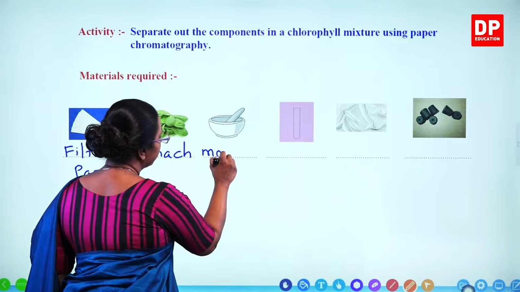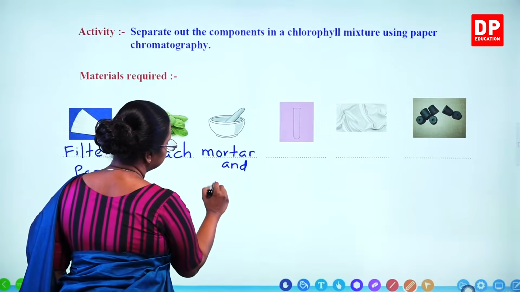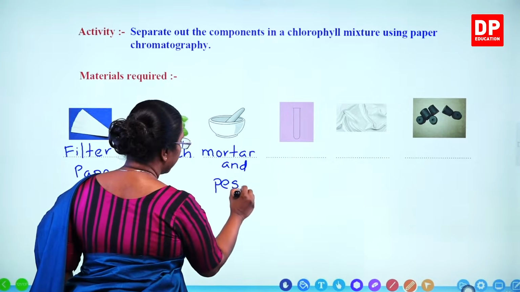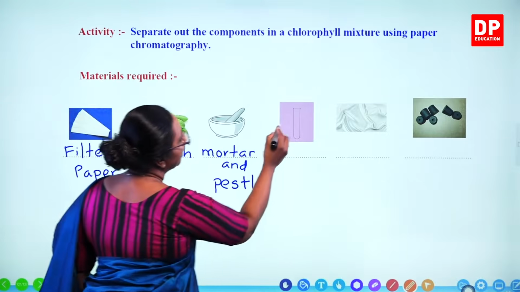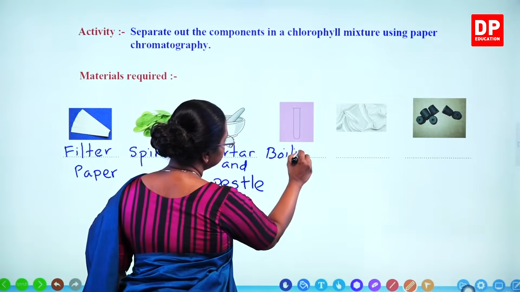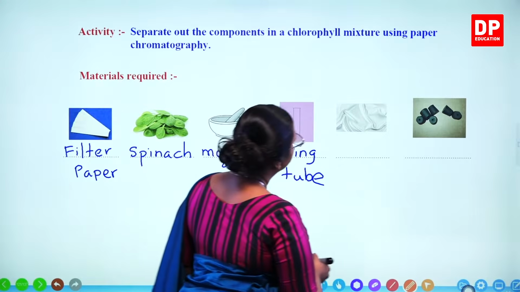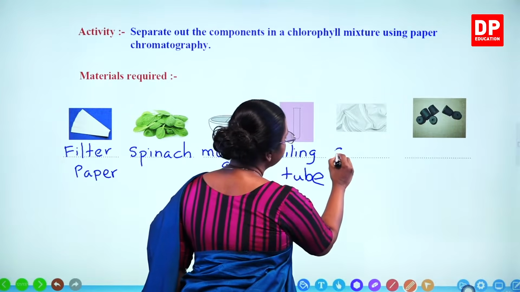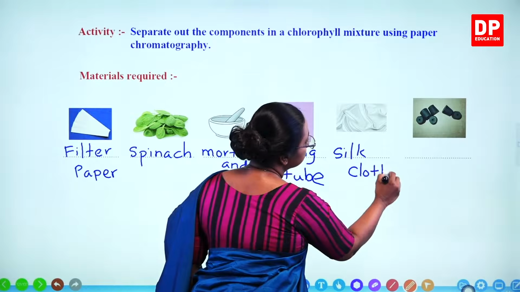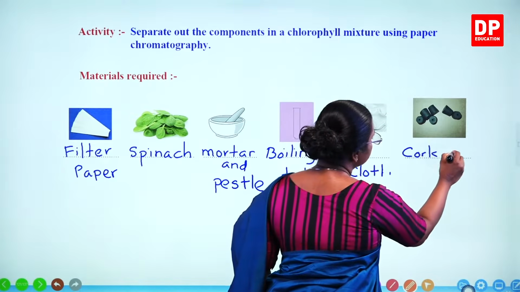And this is the mortar and the pestle. You know the use of mortar and pestle. Then we need a boiling tube. And here we have a silk cloth and the cork or a stopper.